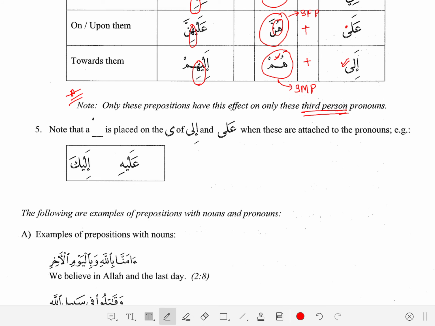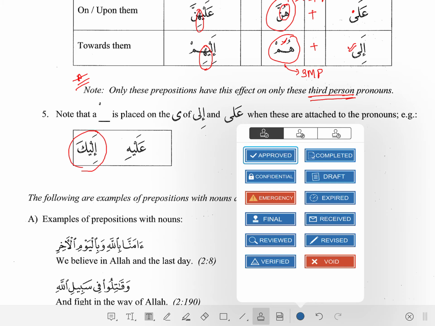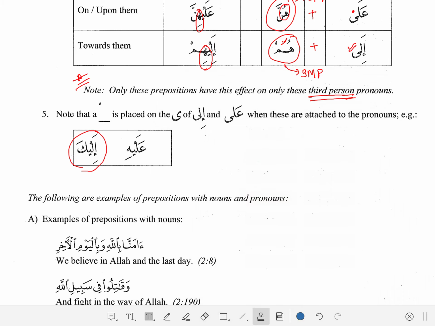So if you try to break this down, this is ila plus ka. So this is ila plus ka, right? So it did not become ilaiki, right?